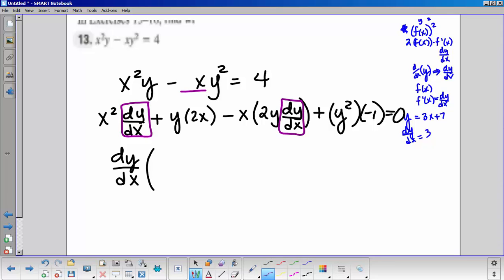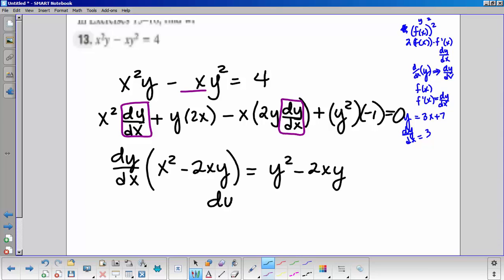Yeah, x squared minus 2xy equals, now I'm going to take the other things to the other side, so this would be y squared minus 2xy, and then dy dx here is y squared minus 2xy all over x squared minus 2xy.